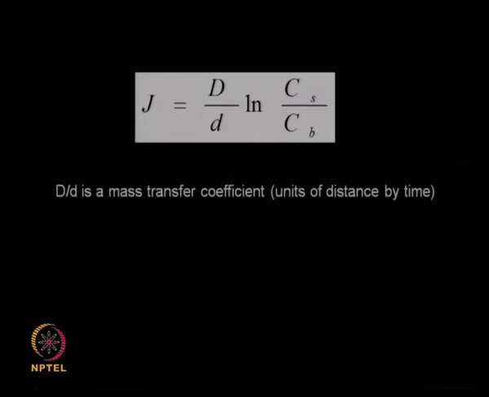So we have an equation which tells you the flux of the solute is a function of the mass transfer coefficient and the logarithm of the concentration upstream near the surface of the membrane divided by the concentration of the solute in the bulk region.